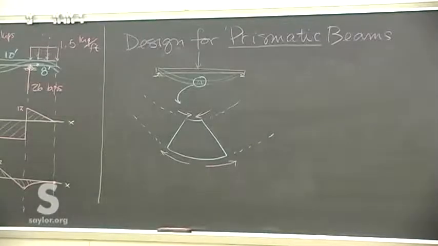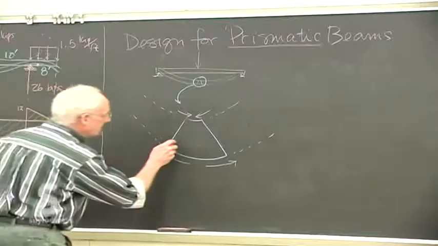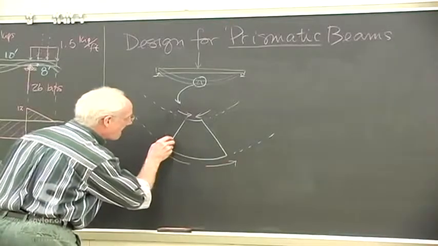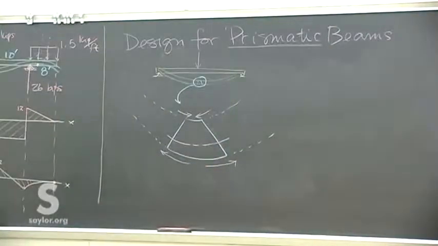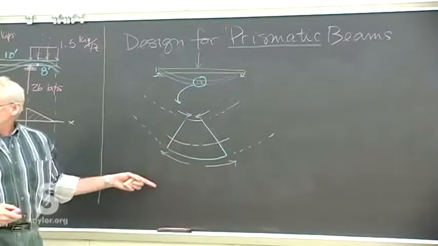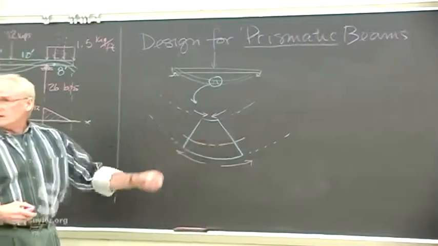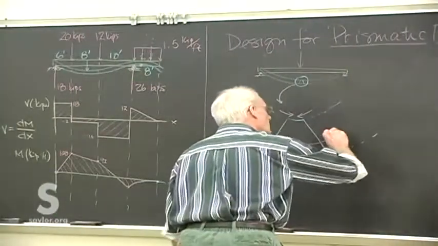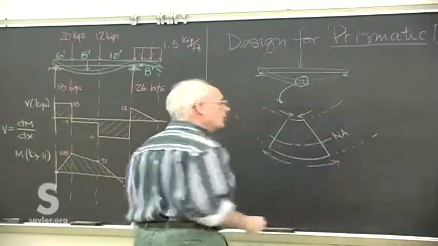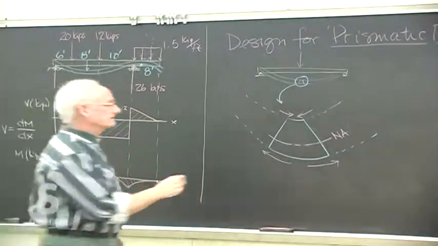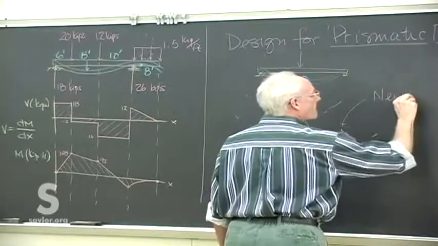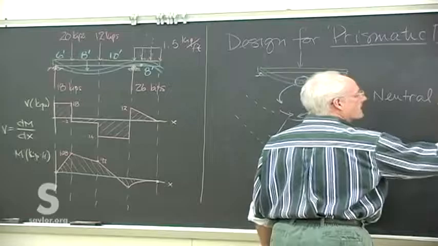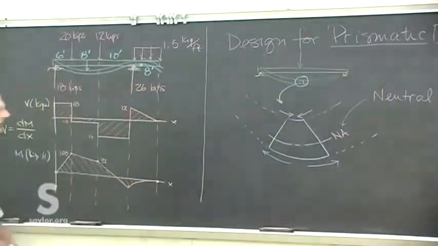Well, the only way for that to occur is if there's some place in between where we go from the compression on the top to the tension on the bottom, somewhere in between where we have zero load. We'll call that the neutral axis. Neutral axis. I'll just draw it through the middle there and put a little NA on it.